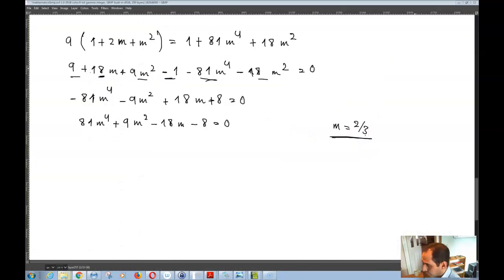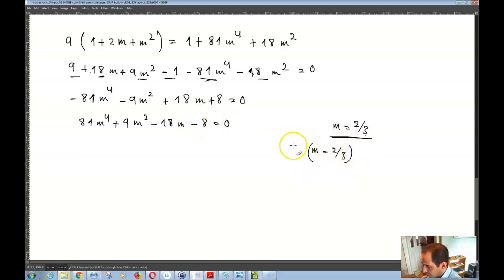So now, since I know that m is equal to 2/3 is actually a zero of this polynomial, that means that m minus 2/3 is a factor of the polynomial.